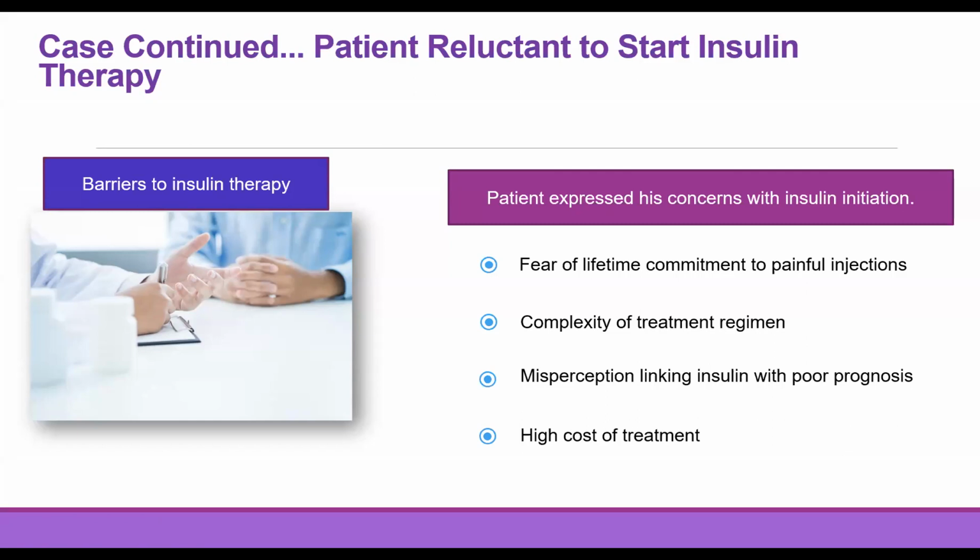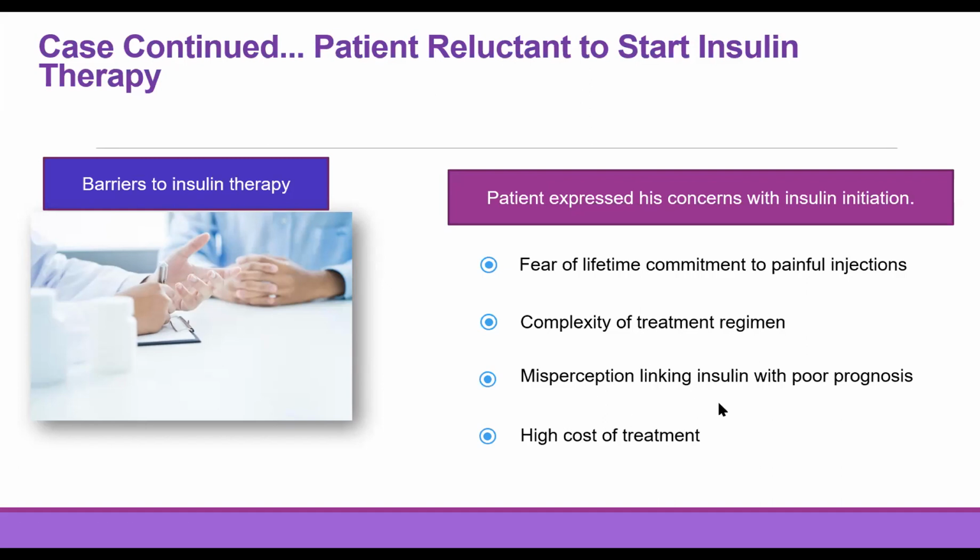The cost of therapy is also not very high, because nowadays people use a lot of costly drugs. Compared to that, insulin therapy is not at all costly, provided you are using the cheaper options. As far as glargine is concerned, it is not very costly. But if you are using degludec, then it will become very costly. Otherwise, glargine, and if you want to give very cheap insulin, then NPH is an option in front of you.